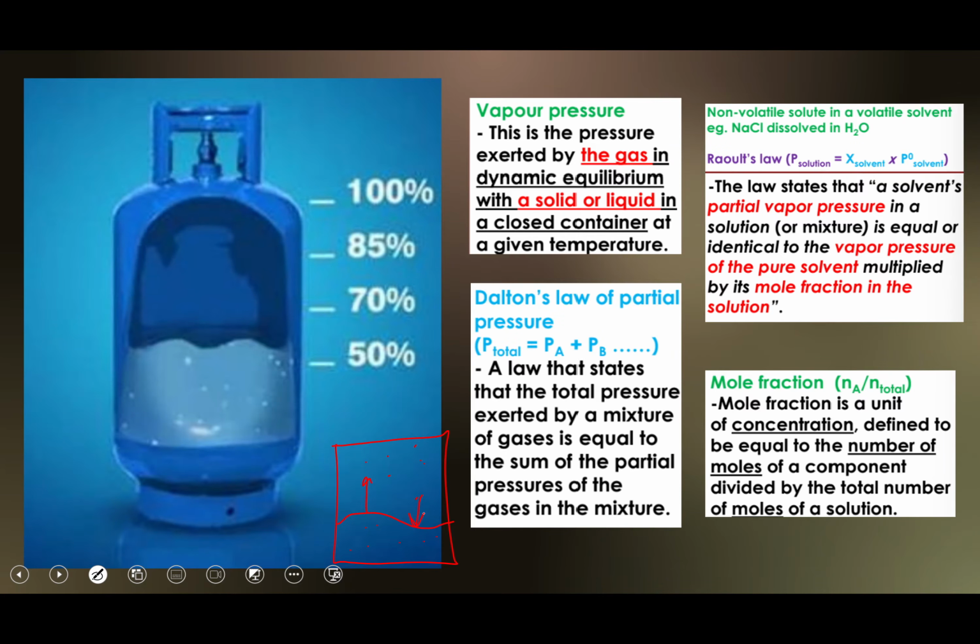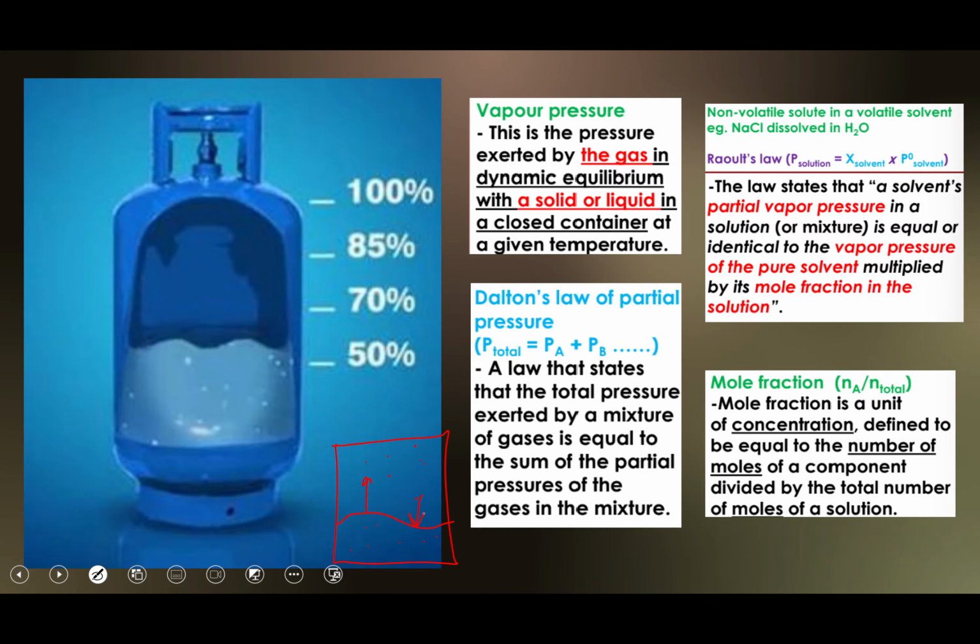We must account for each partial pressure, and then we take the sum of all the partial pressures to give us the total pressure. But usually experimentally, we know what the total pressure is, and then we try to find the partial pressure of each gas that contributes to the total pressure.